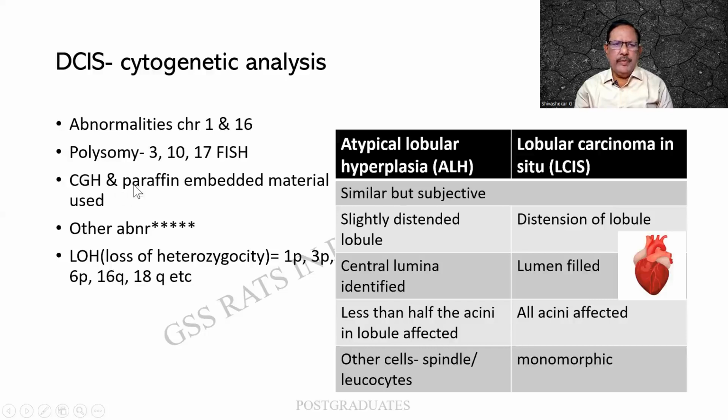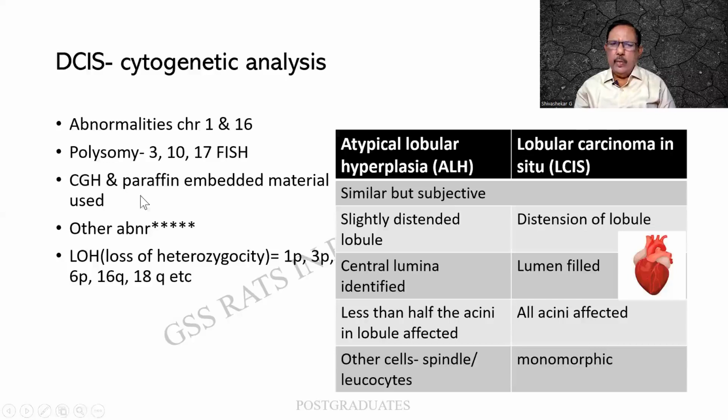And also you find that the paraffin embedded material can be used for it. There can be other abnormalities such as loss of heterozygosity, 1p, 3q, etc. It is a very long list that has been given. So in short, there can be a lot of chromosomal abnormalities varying in number, the short arm or the long arm, and the position, and ultimately the various changes within them.